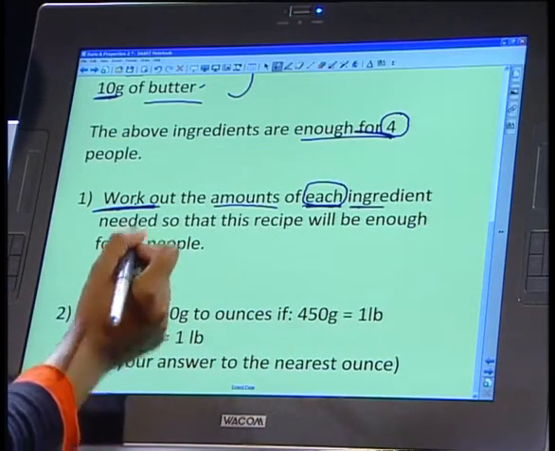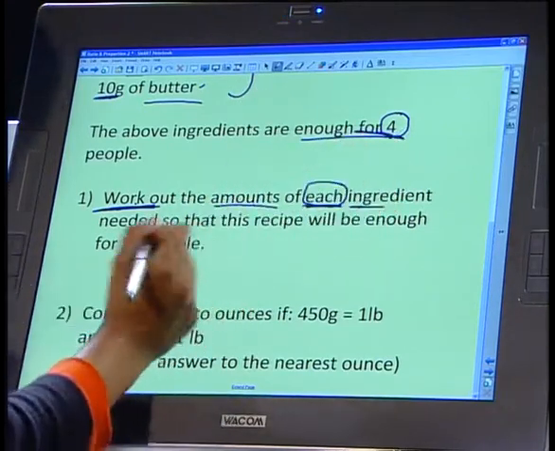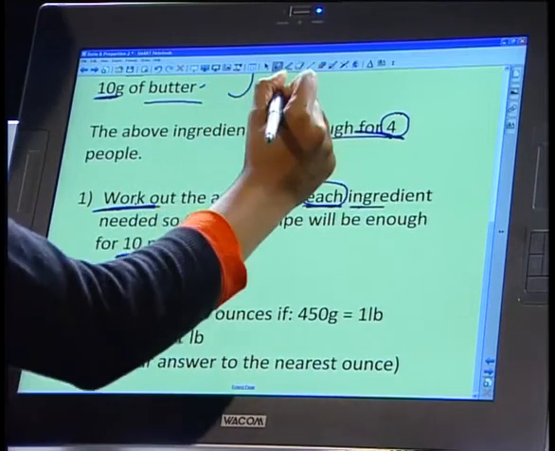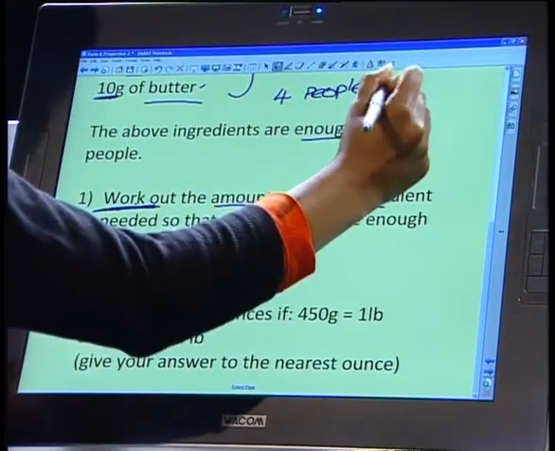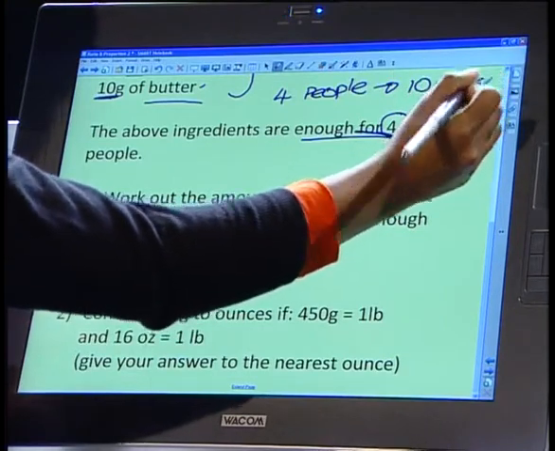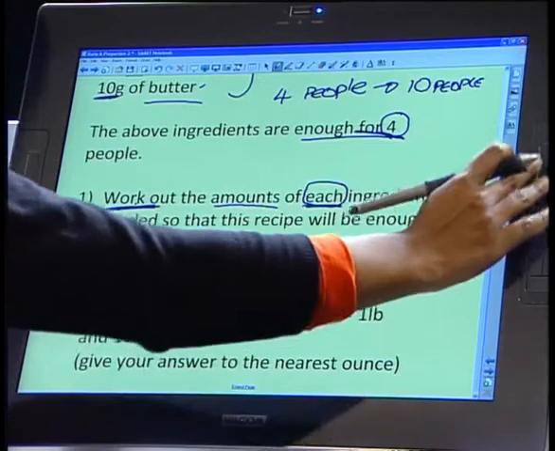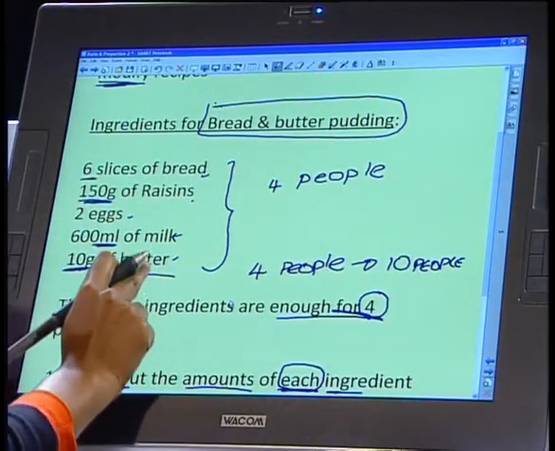So guys, look at what's happened. This recipe that they gave us was enough for 4 people, but now we want to expand it. So we want to go from 4 people to 10 people. We want to feed 10 people with this recipe. So therefore, what do we need? We need to work out how these ingredients need to change.